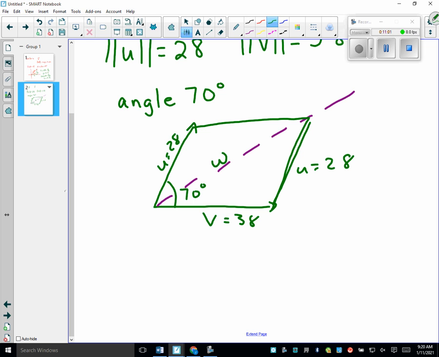Do you see a triangle where W is the side? Okay. My triangle right here, I have three sides, U, V, and W, but I need an angle in it.